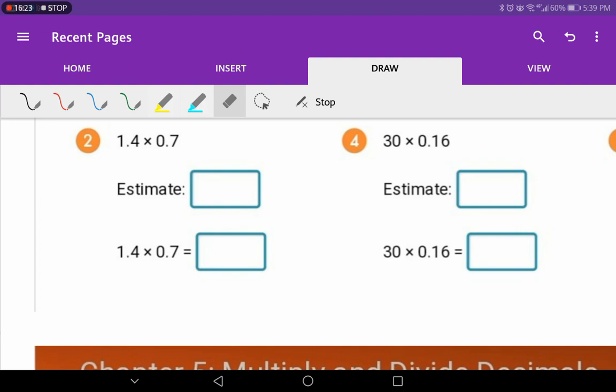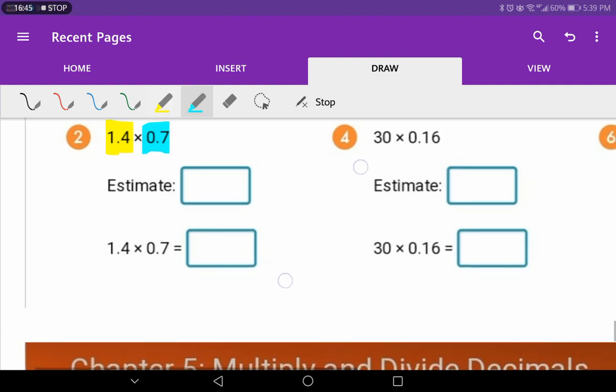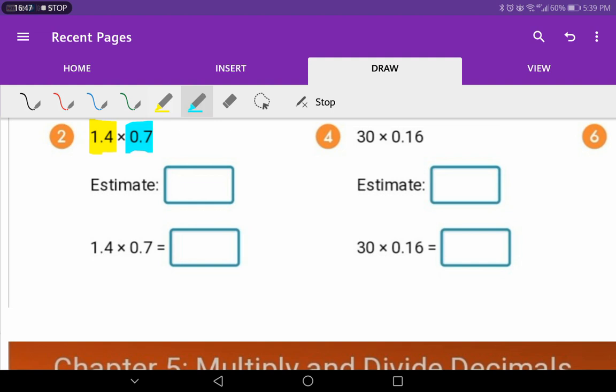It is 1.4 multiplied by 0.7. Okay, I don't need to estimate actually, but my estimation will be like this.